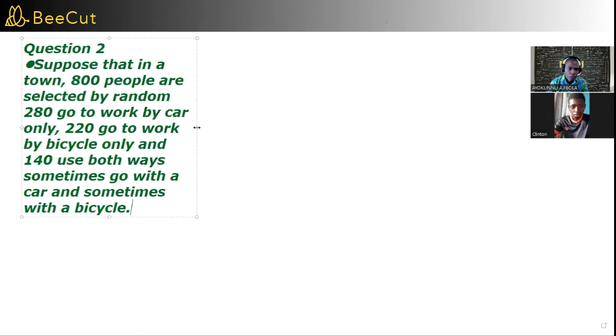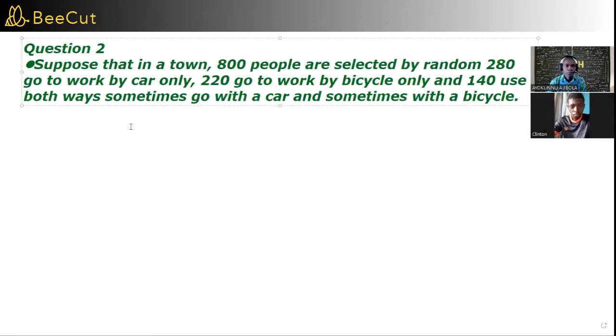So this says, suppose that in a town 800 people are selected randomly. 800, and by random. 280 go to work by car only, 220 go to work by bicycle only, and 140 use both ways. Sometimes they go with car, sometimes with bicycle.